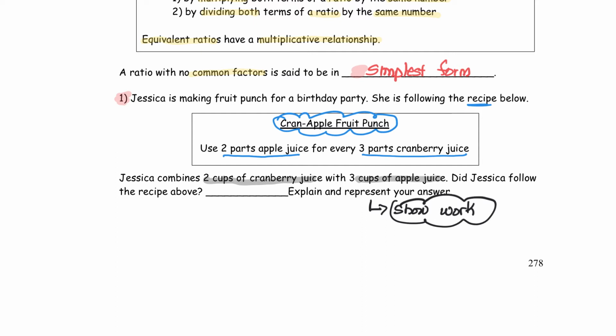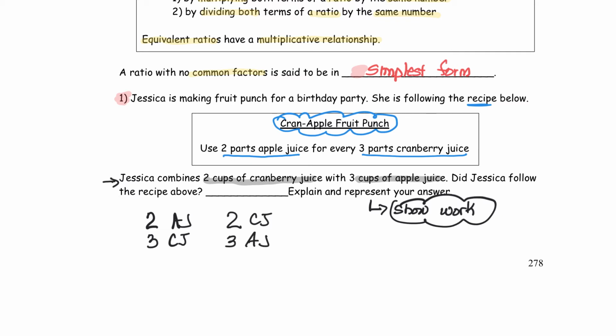So when you think about it, in the recipe, Jessica has written 2 parts apple juice for every 3 parts cranberry juice. However, when she actually made the recipe, she used 2 cups of cranberry juice and 3 cups of apple juice.